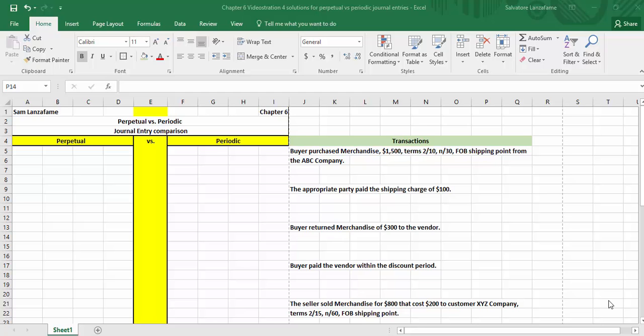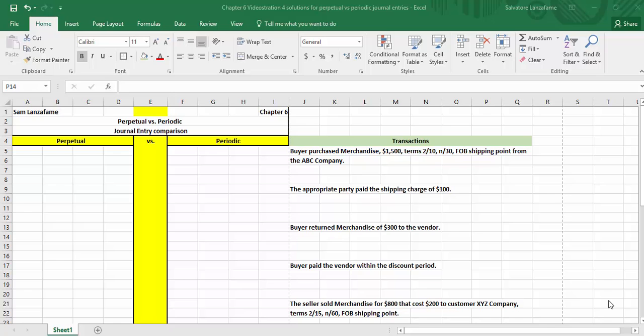However, under periodic, you rarely see it. Periodic, the inventory is only managed when it's counted. So if you're not counting the inventory, then merchandise inventory, the GL account, doesn't get updated. So we actually have more of a, I would say, explicit way of describing the journal entries, whereas under perpetual, it seems like everything we do gets thrown into merchandise inventory.